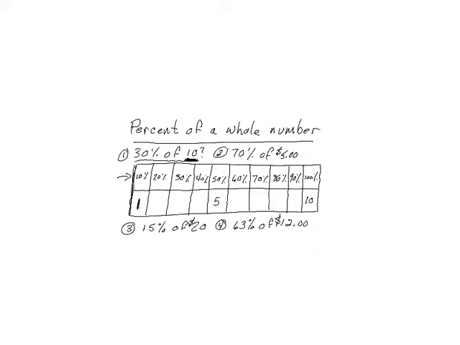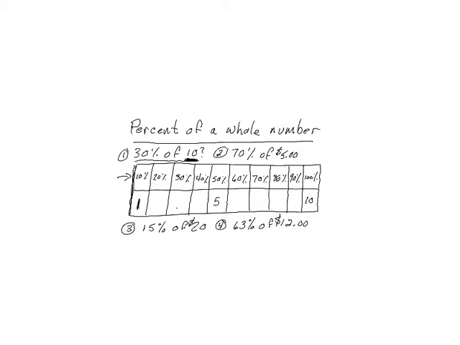Now we can fill in these spaces here with the numbers if we just look at what we've got. So I've got 1 here, and I've got 5 here, and I've got 10 over here. This is likely to be 2, 3, 4, 5, 6, 7, 8, 9.